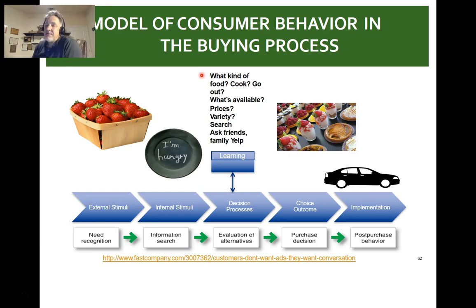So you're trying to figure out what you want based on what's available, what your preferences are, and what the menu puts forth in terms of prices. That's part of your investigation, which helps with evaluating a variety of alternatives and then ultimately, by learning, making a decision.